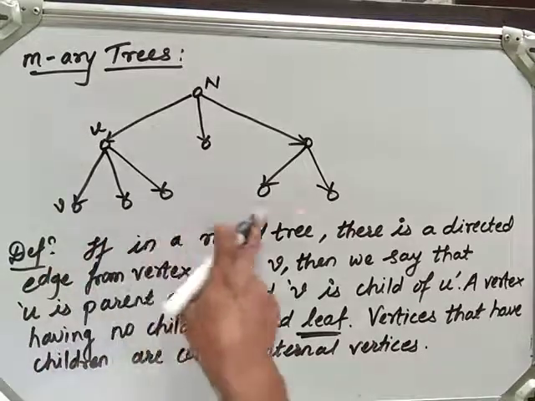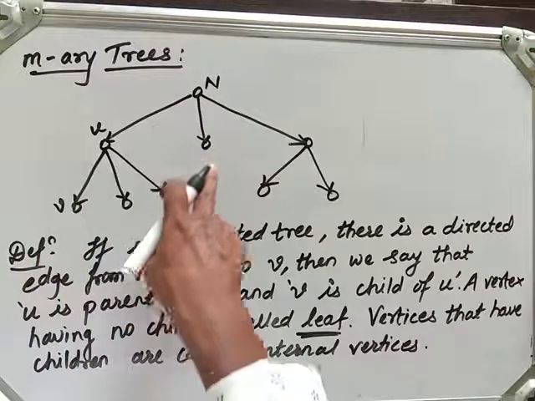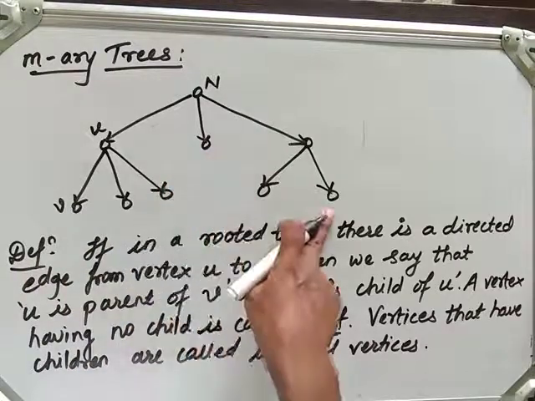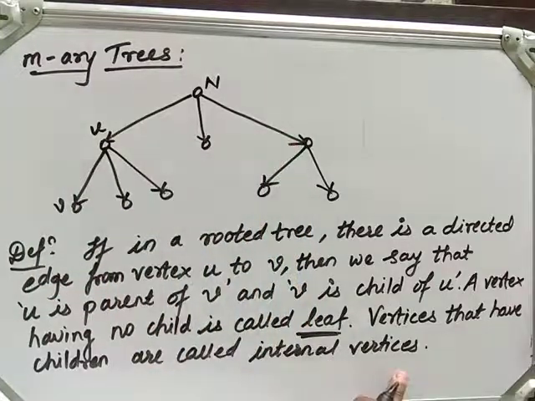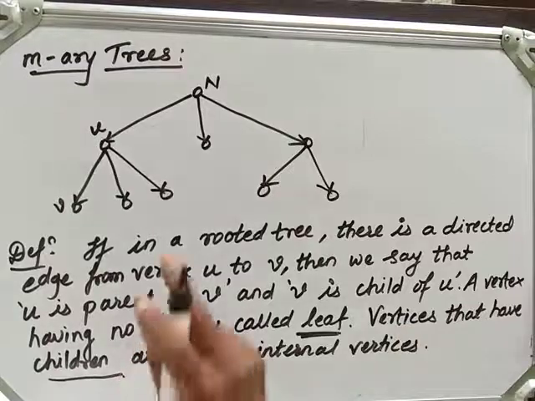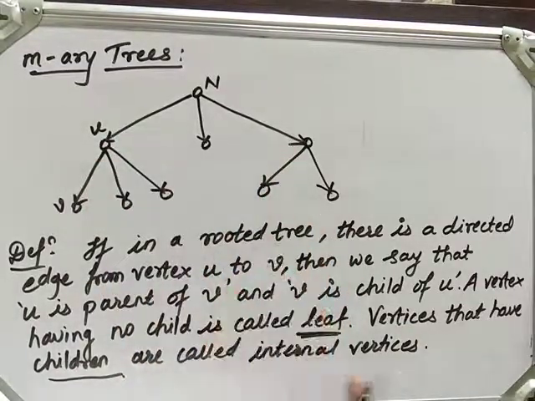Now if you look at this tree, wherever they don't have a child, these are all leaves, while those that are parents are nothing but the internal vertices. The vertices that have a child means they are parents. They are nothing but the internal vertices. Fine. Now let's see one example here.